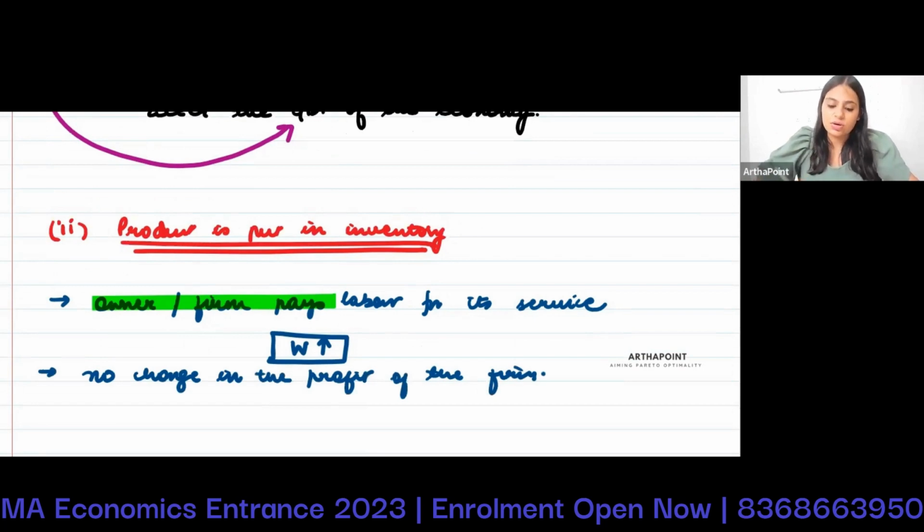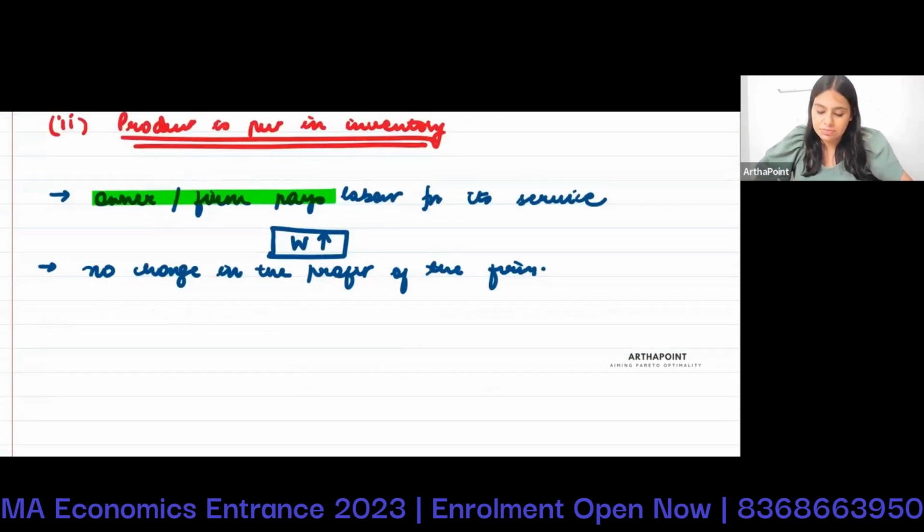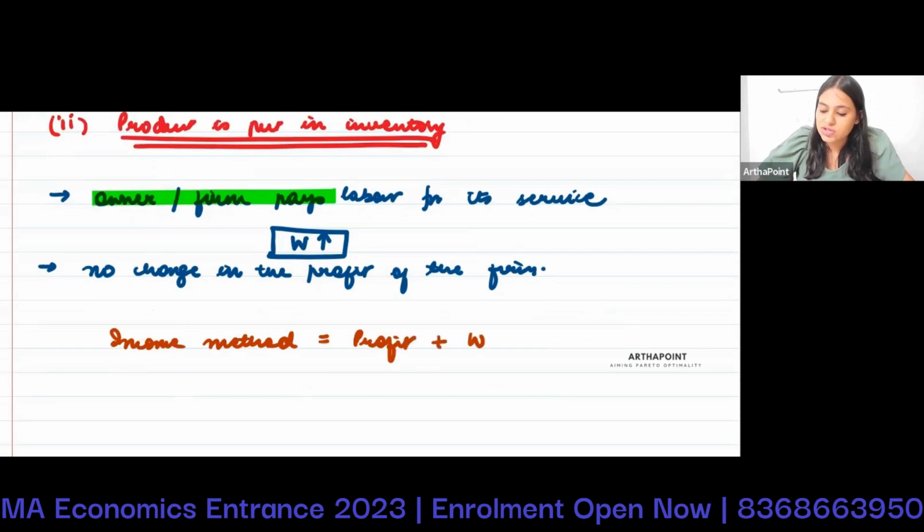So if I look at the income method, I can say that this is the income of various parties, which will be profit plus wages. The profit is intact and the wage increased, so the income must increase.